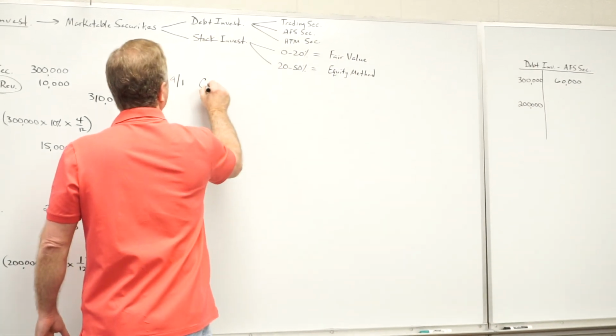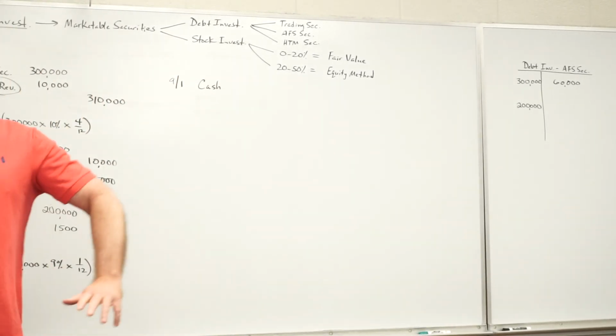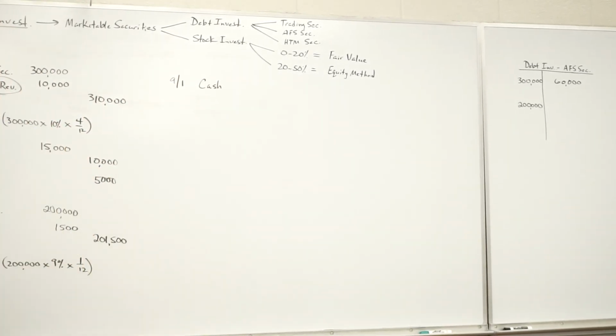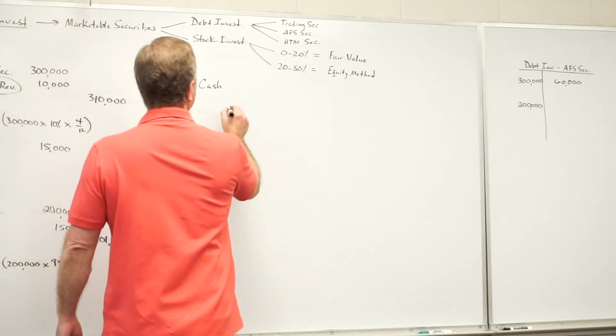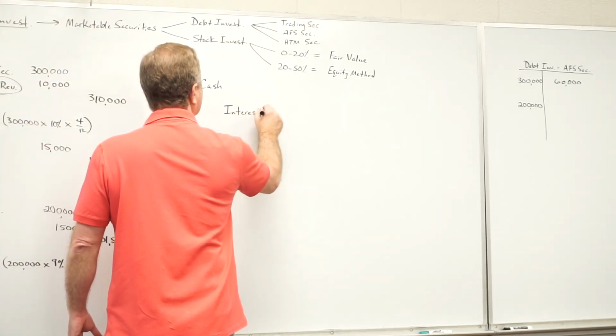We know we got cash because we sold bonds. We're probably going to have a gain or a loss, right? And since we sold them plus accrued interest, we need to recognize some interest revenue, don't we? So skip a line, and I'm going to credit interest revenue.